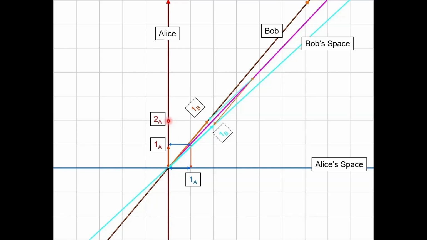In this case, this is 1 unit of time, 1 second, and this is 2 units of time, so this is 2 seconds. So from Alice's point of view, Bob's 1 second is 2 seconds. She doesn't see it as being 1 second, she sees it as taking 2 seconds to happen.